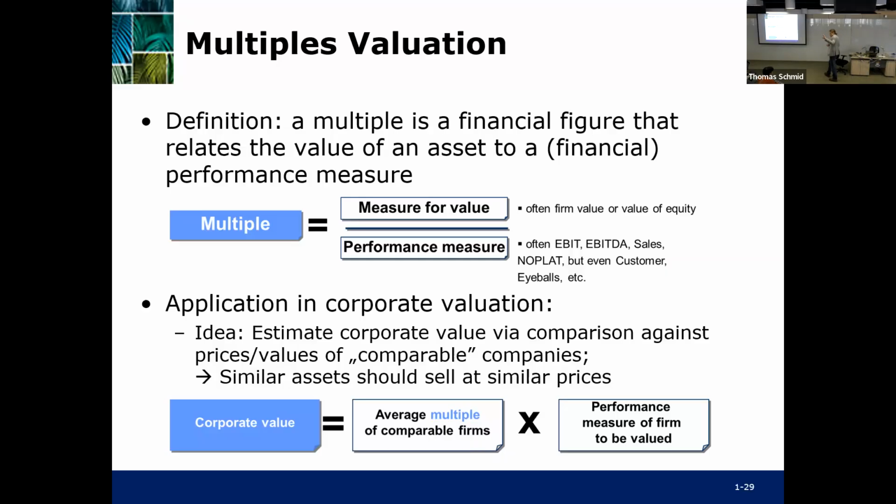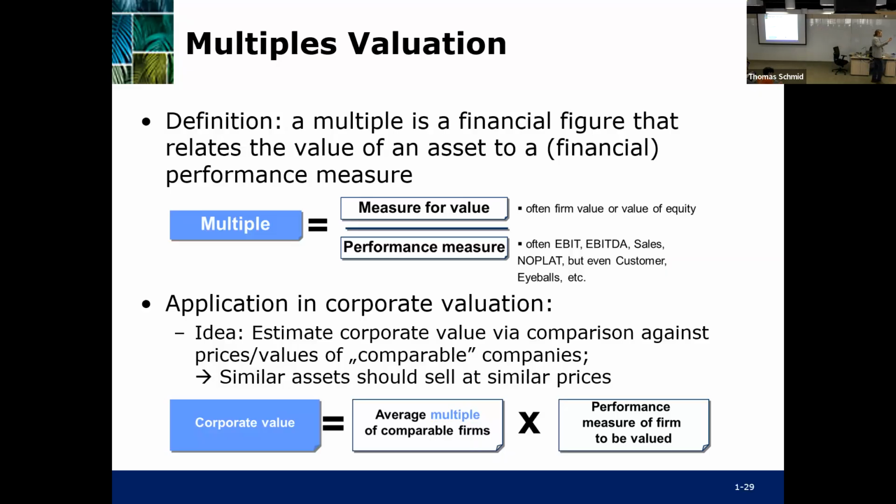I mean, of course, I'm making up these numbers. So then the multiple would be 1, right? The measure for value would be 100 million for Facebook. The performance measure would be the number of active users, 100 million, so the multiple would be 1. Every active user then translates into $1 of market value. So now if you know that your social network has 20 million active users, obviously the value, according to this approach, should be 20 million. So that's the idea of multiple valuation.